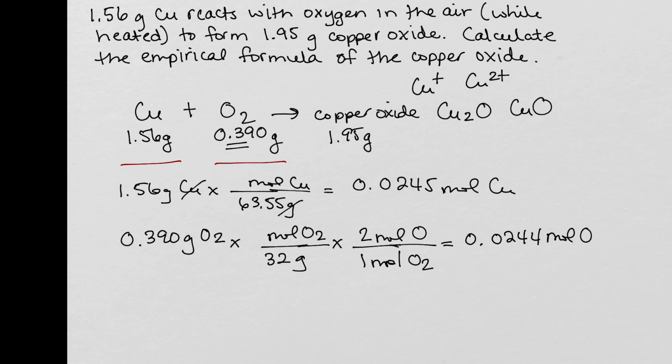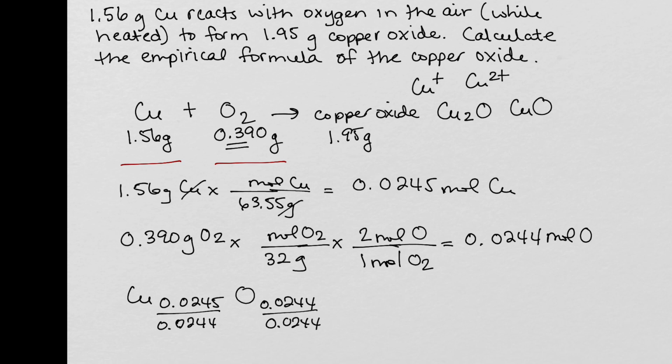So I essentially have a 1-to-1 ratio, but I can divide by the smallest number just so that I can be sure. So I had 0.0245 moles of copper and 0.0244 moles of oxygen. If I divide by the smallest number, that's 0.0244.